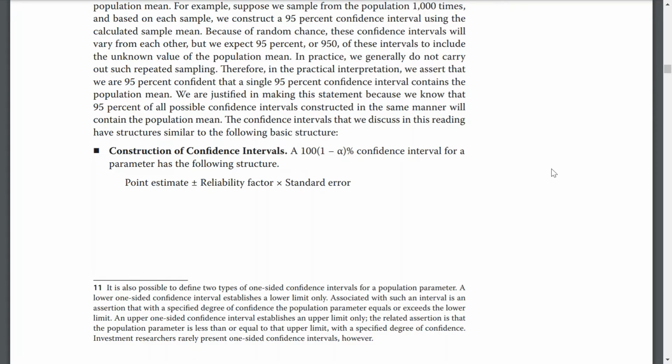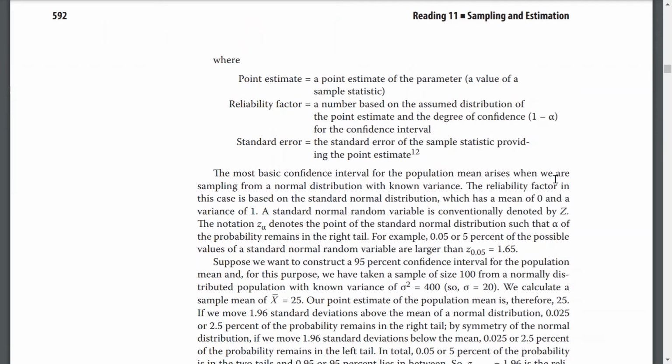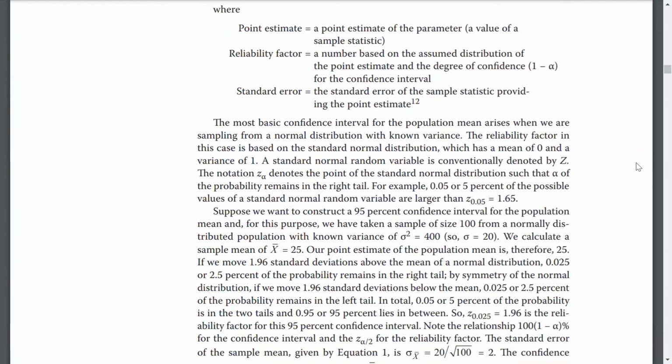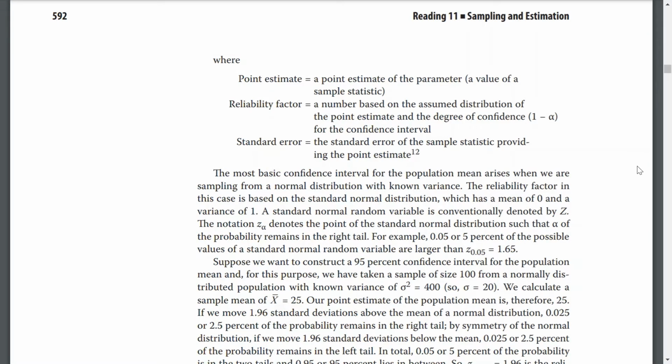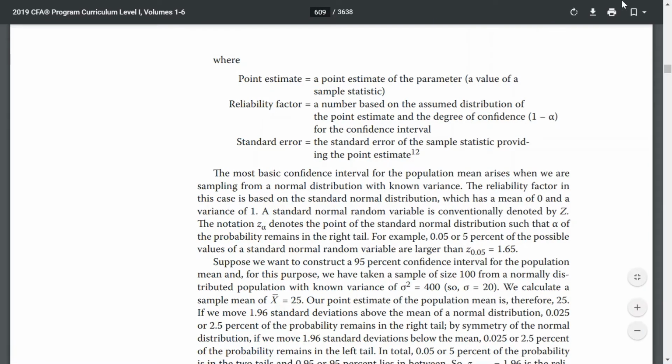Point estimate plus or minus reliability factor multiplied by standard error, where point estimate is a point estimate of the parameter, a value of a sample statistic; reliability factor is a number based on the assumed distribution of the point estimate and the degree of confidence, 1 minus alpha, for the confidence interval; and standard error is the standard error of the sample statistic providing the point estimate.